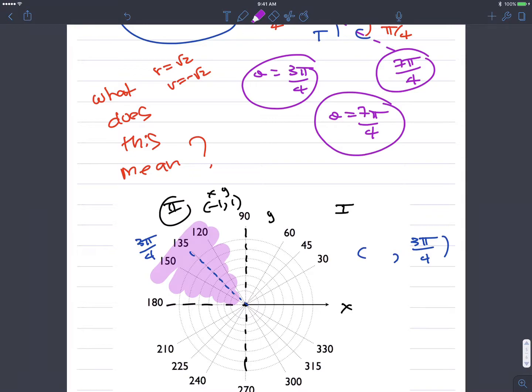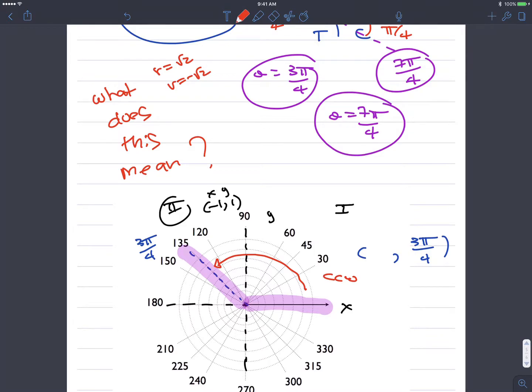Let's see if you're awake. We're in quadrant 2 again. Theta is right here. We took the polar axis and rotated it 3 pi over 4 counterclockwise. Any angle on that purple rotated polar axis is always positive.